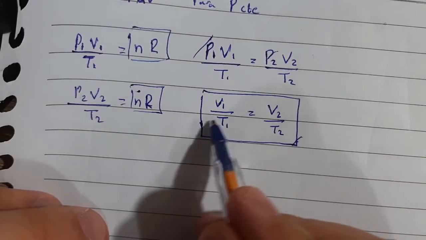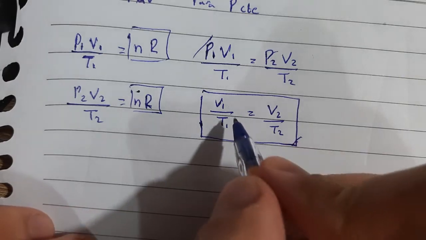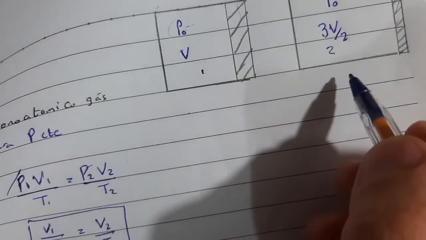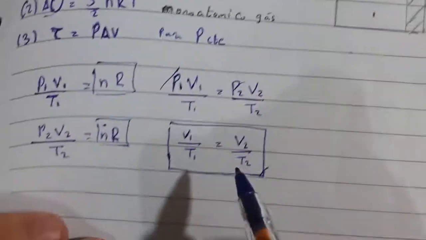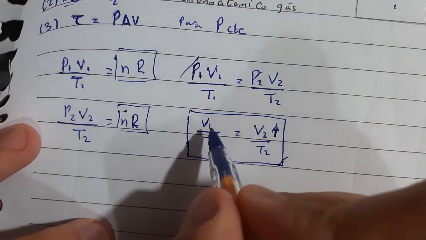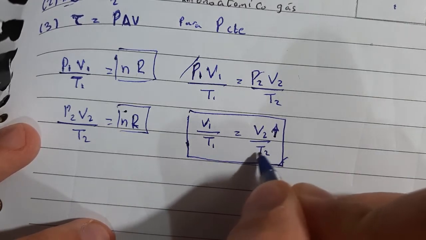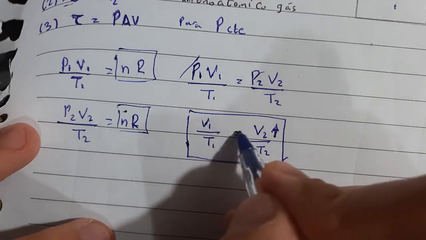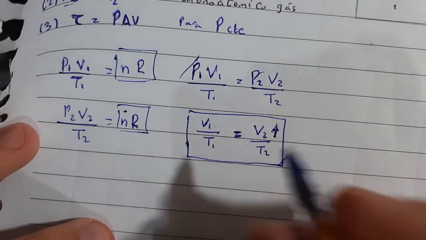What we need to observe over here is that our volume in situation 2 increased, right? So if the volume increased, what does the temperature 2 need to do so that this equality can stand?